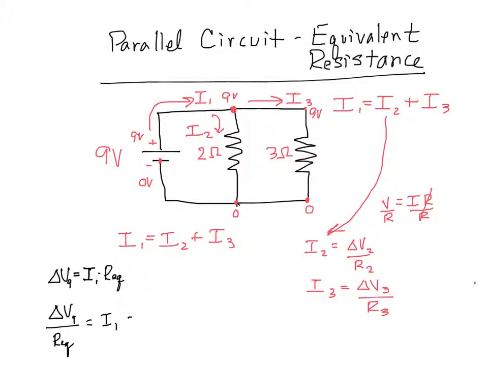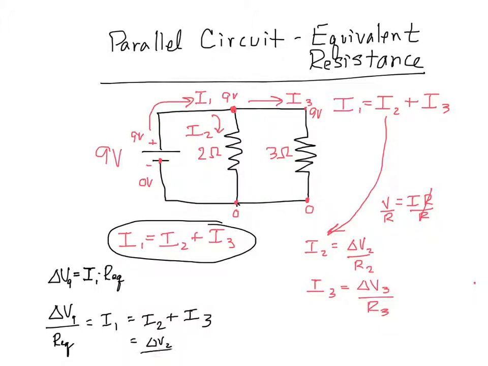But I also know that that equals I2 plus I3 from this expression right here, which is delta V2 over R2 plus delta V3 over R3.